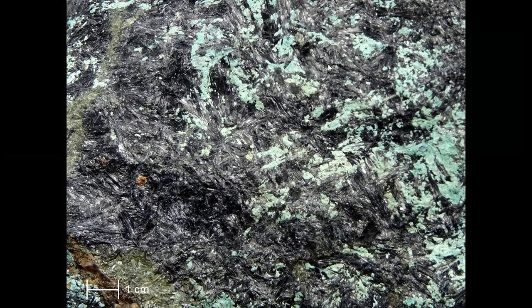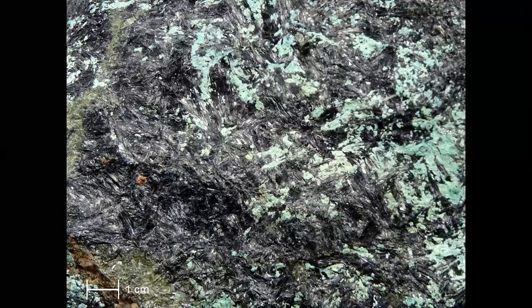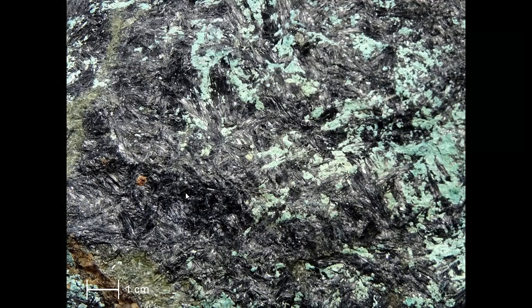And I put this in here purely because if you do happen to find something that fits all the properties that you expect from an amphibole, but it has a deep indigo blue color, you are looking at an amphibole, but it's a very, very special sort of amphibole. It's something called glaucophane.